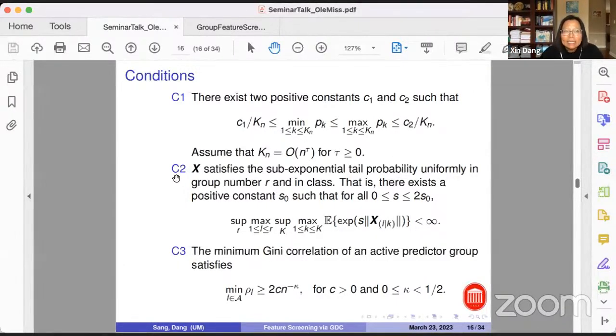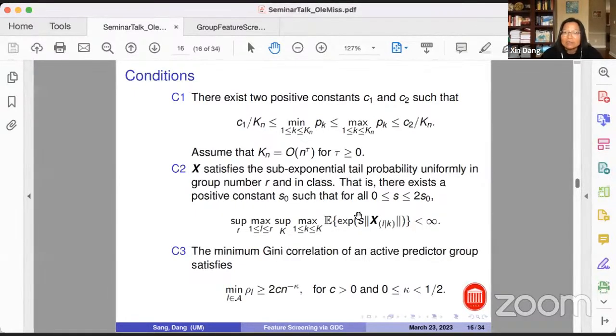Okay. The second condition is dealing with the tail. This condition is just proposed to let all the proofs be easy, and may not be the minimum condition. So the X must have a sub-exponential tail probability uniformly in the group and in the class.